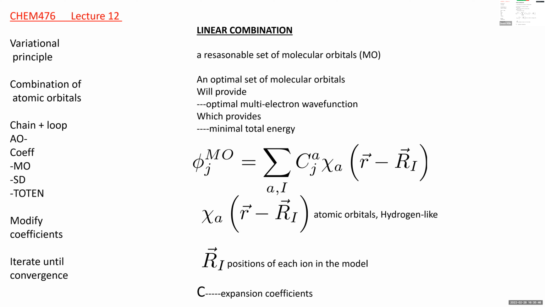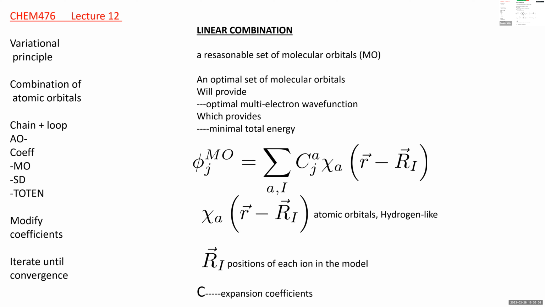At each ion, we have atomic wave functions, which are like S, P, D, right? And they depend on the distance of the electron from the ion. So this atomic wave function is symbolized by the letter chi. It looks like X, but people call it chi because it's from the Greek alphabet.